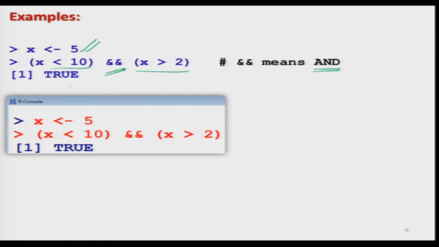Obviously 5 is less than 10, is this true? Yes, true. And 5 is greater than 2, yes, this is true. So true and true will become true, and it will give you the answer true. This combines the different statements using the AND command, and here you can see the screenshot of the same outcome.